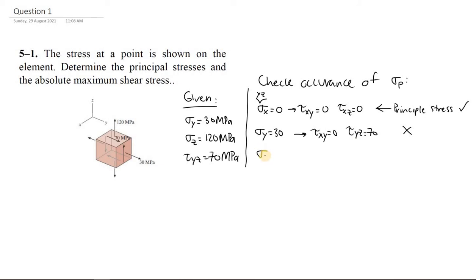Same for our normal stress in Z, 120. Again, we check our XZ, which is 0, and our YZ shear, which is 70. There we have it. These two are not principal stresses because they have the occurrence of a shear stress.